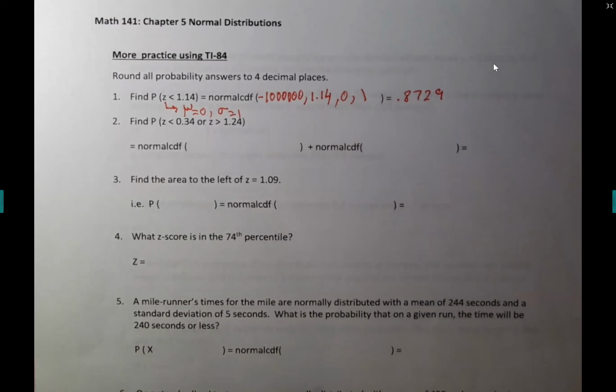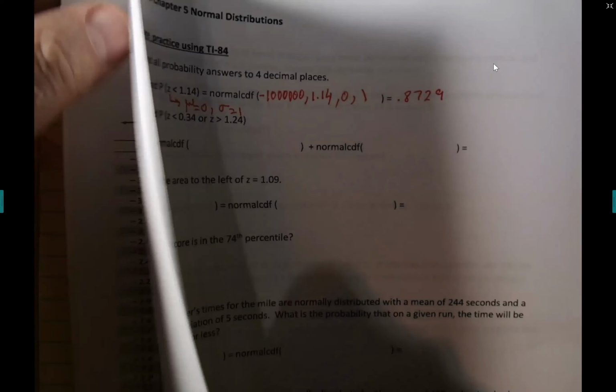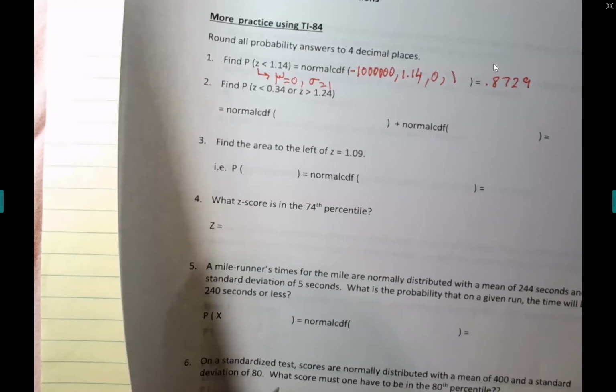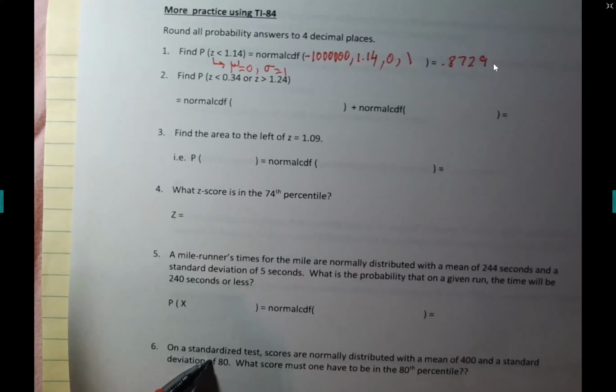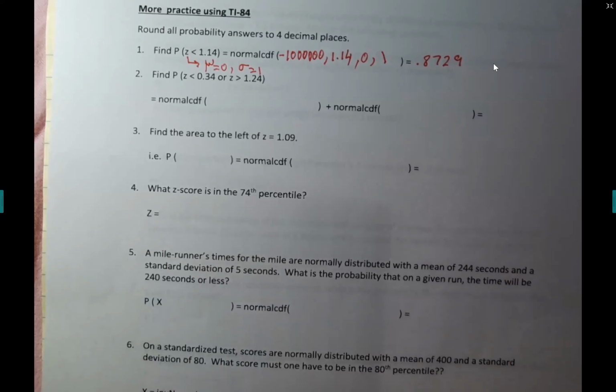And if you guys wanted to use the table, you could. If you try to get help from the book online, it's going to show you how to use the table, probably not the calculator. You want to see the 1.14?